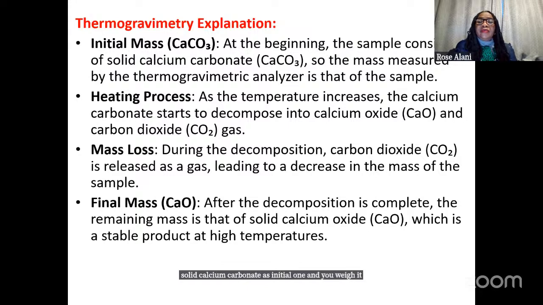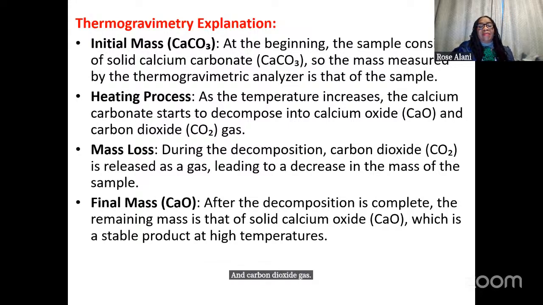Then the mass measured by the thermogravimetric analyzer is that of the sample. Now as the temperature increases during heating, the calcium carbonate starts decomposing into calcium oxide and carbon dioxide gas.